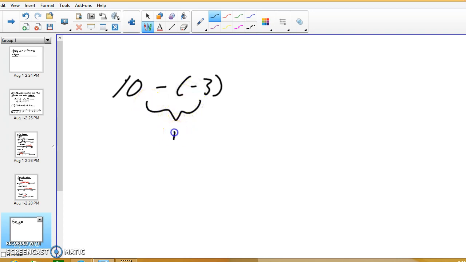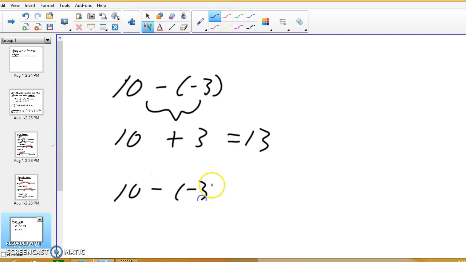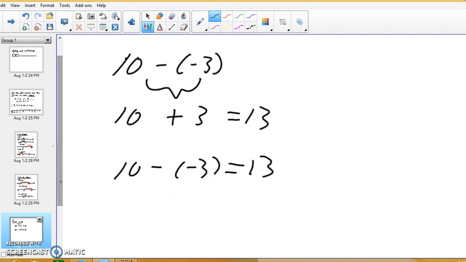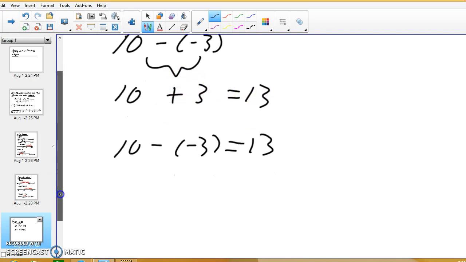Two negatives can be thought of as making a positive. So think about it as 10 plus 3, that equals 13. Well, 10 minus a negative 3 equals 13. So if you want to think about it that way, two negatives make a positive, and it's simply 10 plus 3 equals 13. Again, two negatives make a positive.